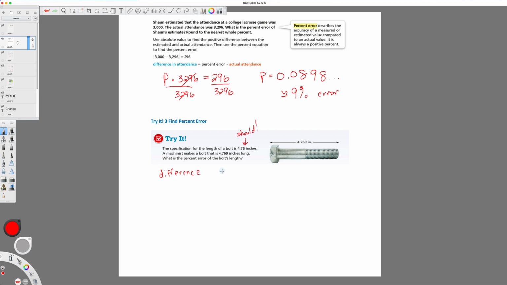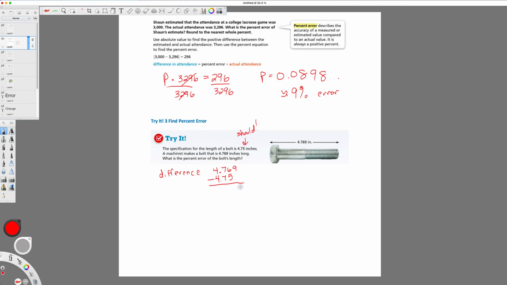All I do is subtract to get a positive number. I don't ever bother with getting a negative. I take the big one minus the small one every time. So 4.769 minus 4.75.